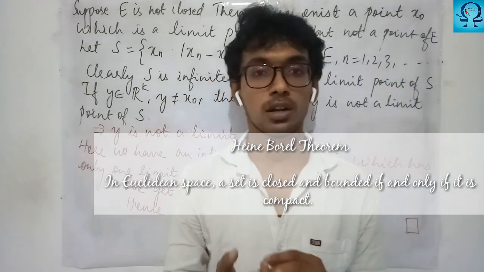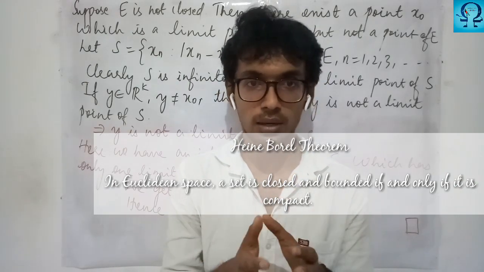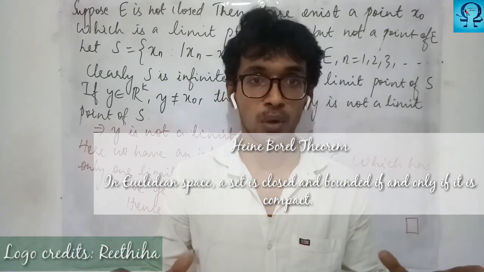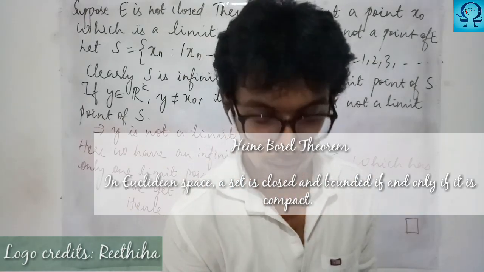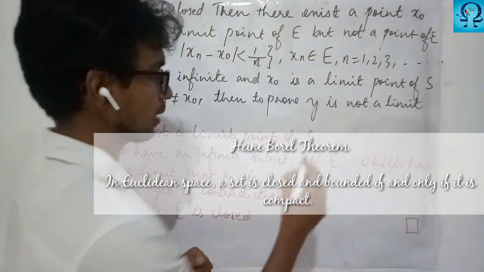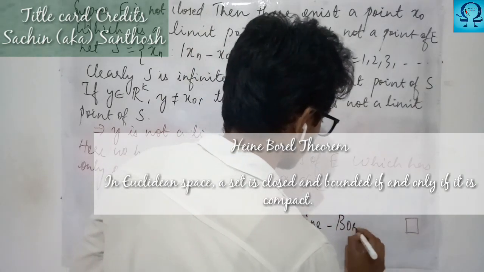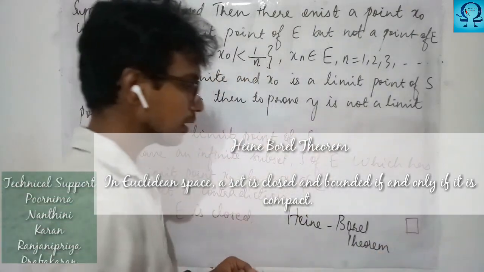The equivalence of 1 and 2, that is, in Euclidean spaces a set is closed and bounded if and only if it is compact. If you put it that way, it is known as the Heine-Borel theorem. Okay, let me write the spelling. Heine-Borel theorem, right?